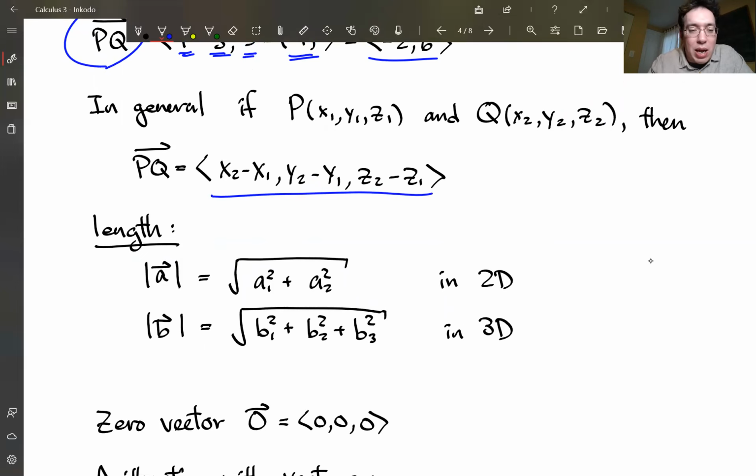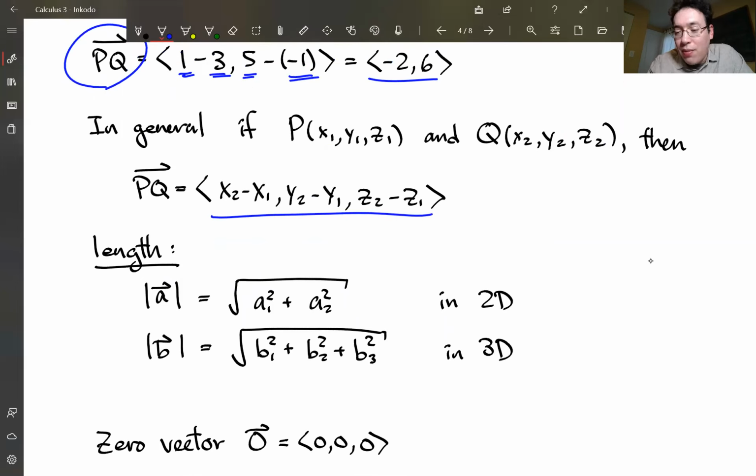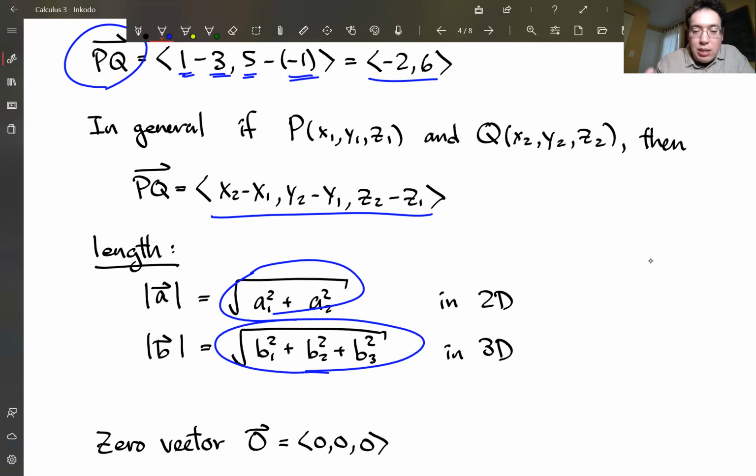So if I write absolute value of a vector, I mean find the length of the vector, and you use the Pythagorean theorem basically in 2D, and it comes to something that looks like a Pythagorean theorem with just an extra component in 3D.